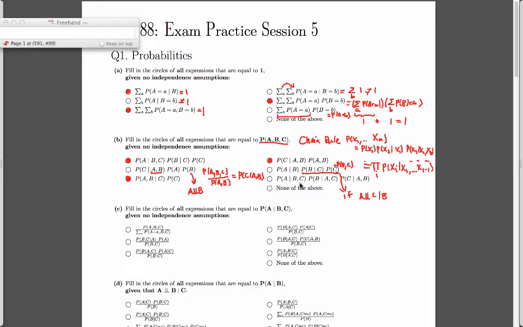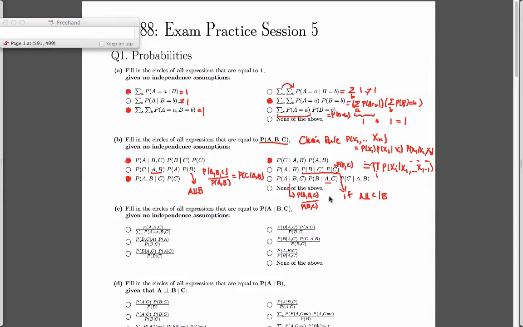Now this last option, if we expand it out, we'll find this expression right here is the probability of A, B, C divided by the probability of B and C. And similarly for this one, this is probability of ABC divided by the probability of AC, and this one is probability of ABC divided by the probability of AB.